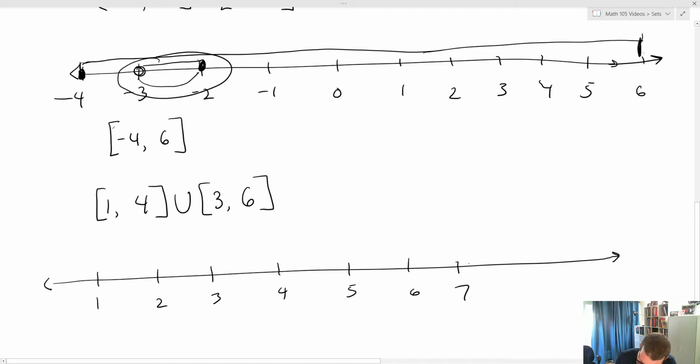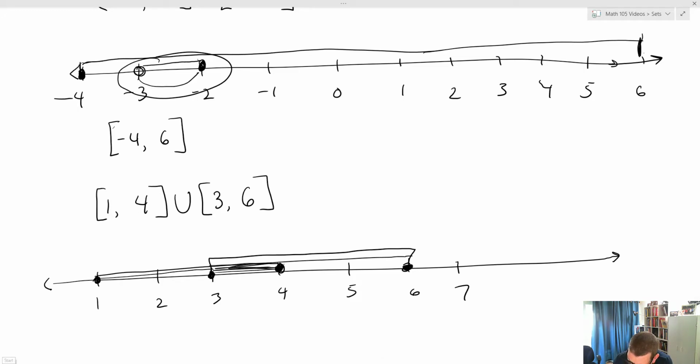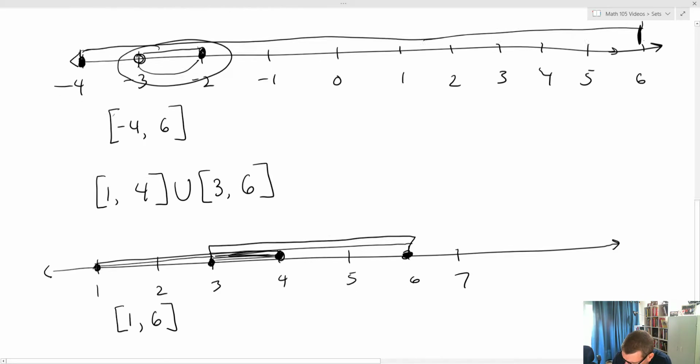I'm going to start at 1 and go to 4, including both 1 and 4 inside of my set. And then I'm going to go from 3 to 6. Now, since it's a union, we want all or part or both. Notice that 1 to 3 is included in the first set, 3 to 6 is included in the second set, and 3 to 4 is included in both sets. So we're going to have all of that. This set is going to go from 1 to 6. That tells us everything that we need to know.